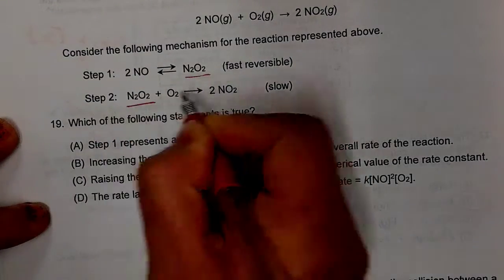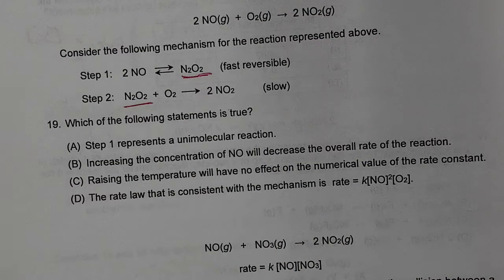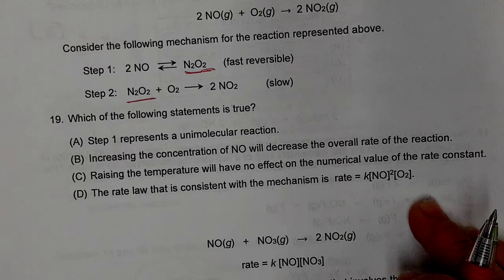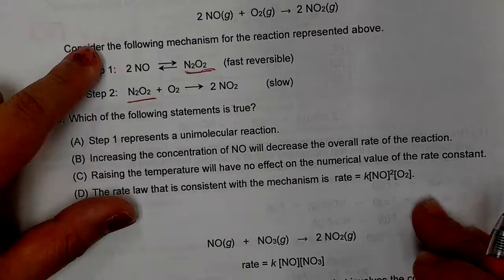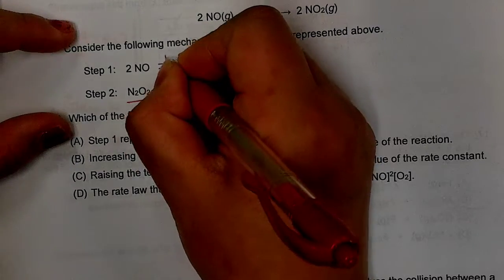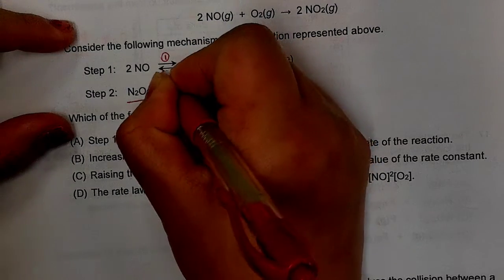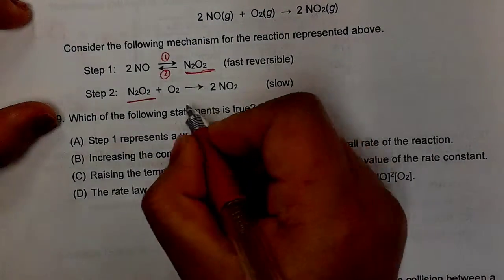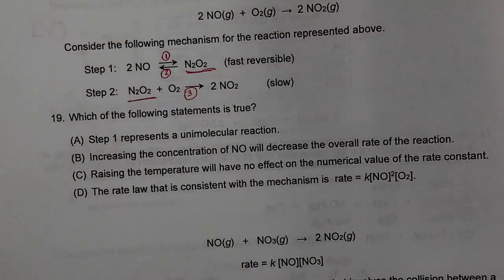Remember this one? This is the intermediate. When you write down the rate law, you don't use the intermediate. So you have to figure out how to write it. Remember in class, we did it before. I want to do one more time. Let's call this top 1 and this bottom 2, just because. And then let's say this is 3. Okay? So good so far?